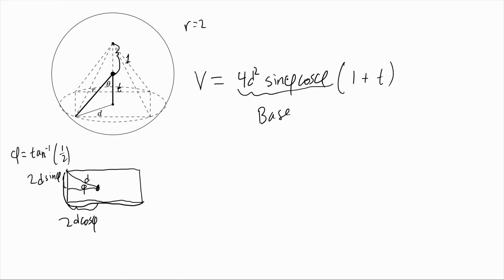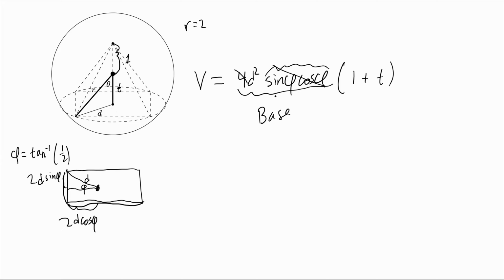Now, sine phi and cosine phi: phi is a fixed number in this situation. As we're varying our pyramids according to the specification, phi will remain fixed. So this is just a constant and can be ignored, because really we're just trying to find the angle that'll make a maximum.